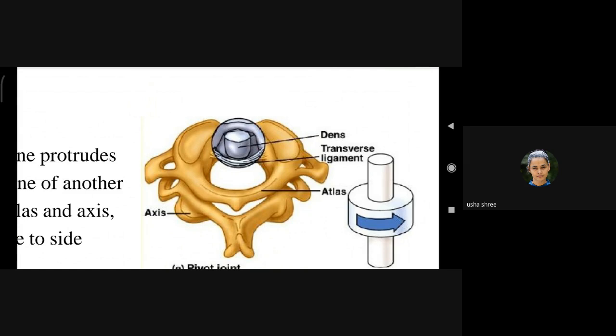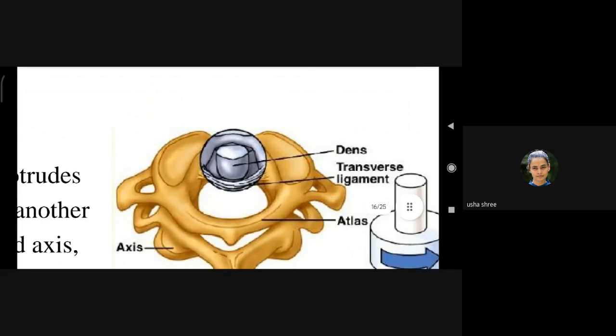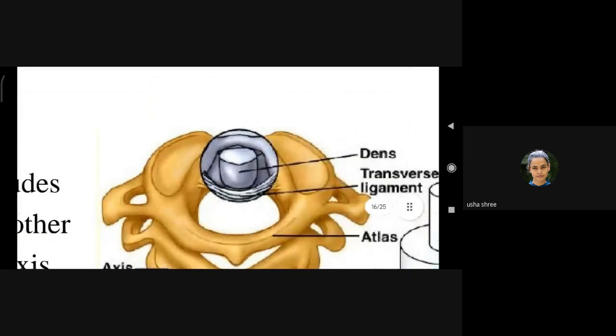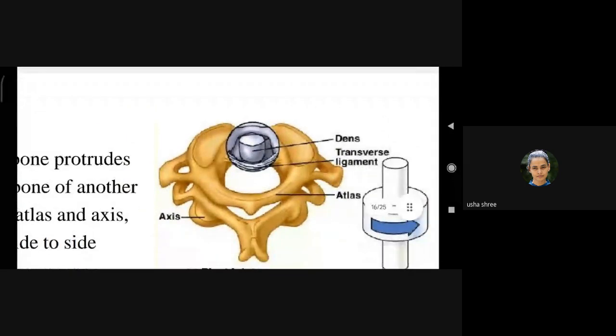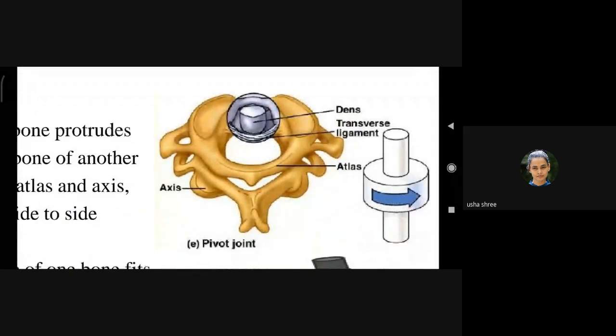You can see the hollow area in between these bones, means these bones are forming one channel, and this channel is for the spinal cord, but this blue colored channel is for the pivot joint.